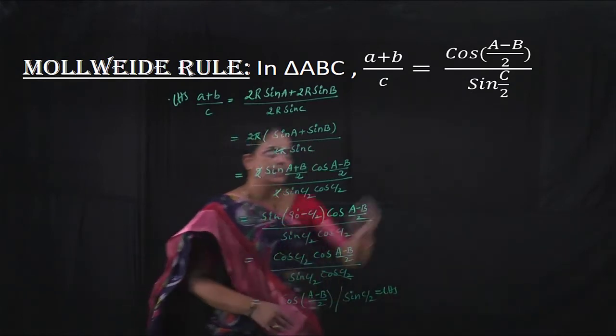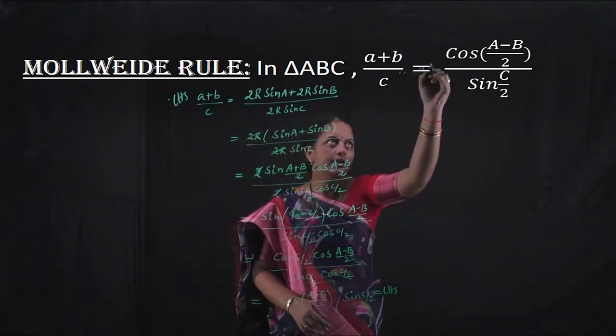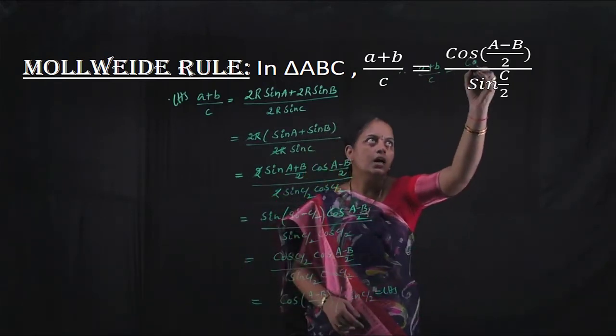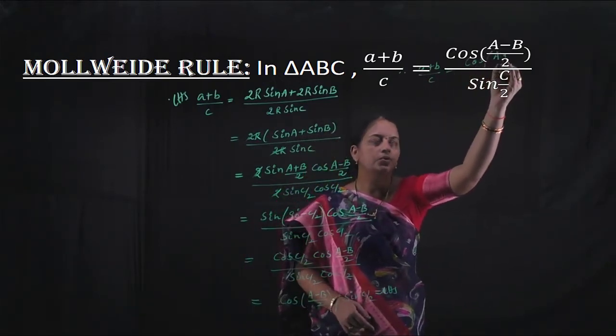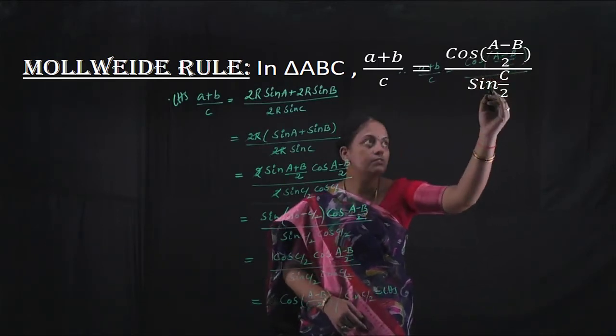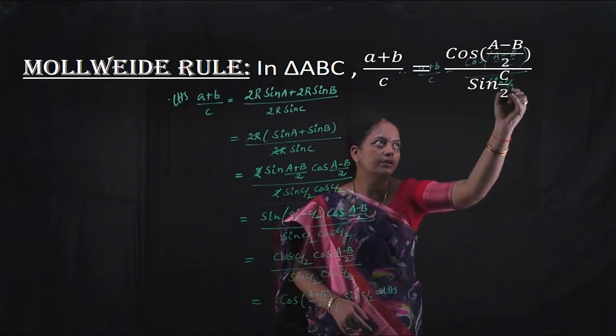Therefore, (a+b)/c is equal to cos of (A−B)/2 by sin C/2.